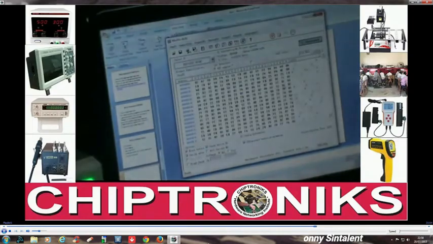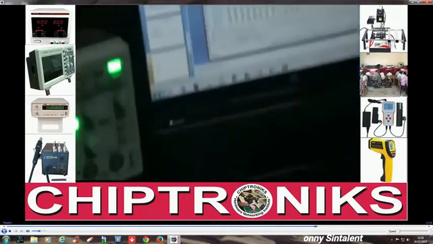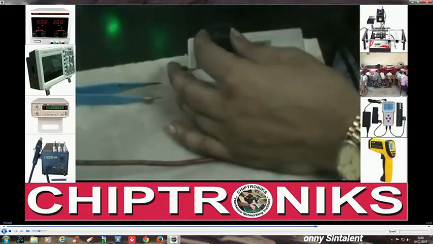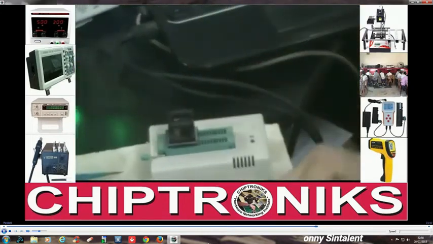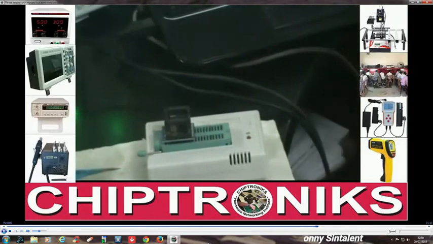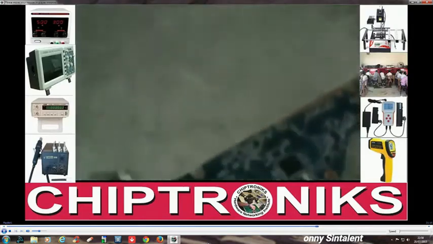Okay, now here we remove this IC, and then we fix it back again.